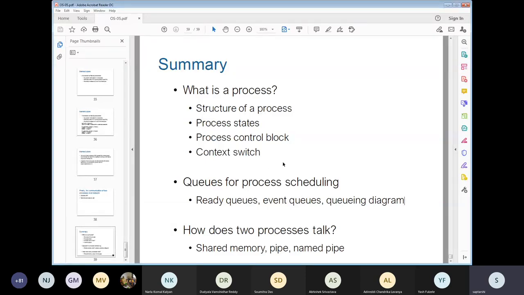So as part of a context switch, one step is that the scheduler will look at all processes in the ready queue and decide which process will start next. How will it decide? What algorithm will it use to choose which process should execute next? Those exact algorithms we have not discussed. So that is what we will do starting in the next class. Okay, so that's all for today. Any questions?